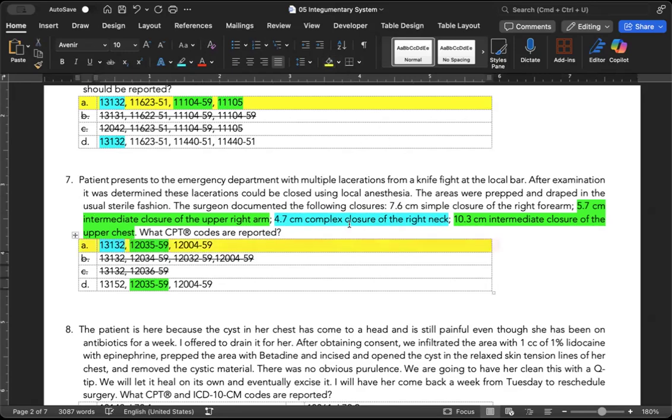So other than the modifier question, any questions on that one? While I'm answering the modifier question, if you have any questions, put them in the chat. So Melissa, the reason we are not going to put an RT modifier or any anatomic modifiers when you're in the skin is that if we think about the integumentary system as a whole, it's a full body type anatomic location, right?